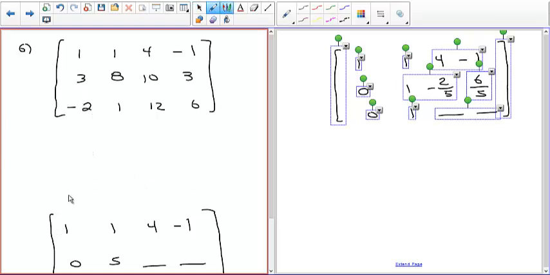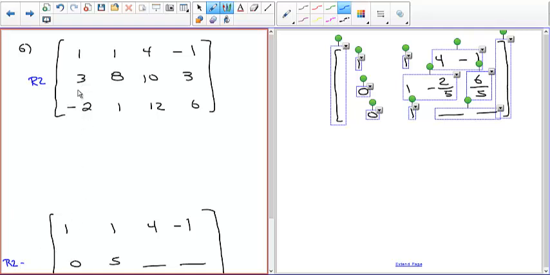So the first thing you see is they have a 0 here. Row 2 initially, this is R2. Row 2 is 3, but we want it to become a 0, and we need to use row 1 to do that. So we would take the old row 2 and subtract.